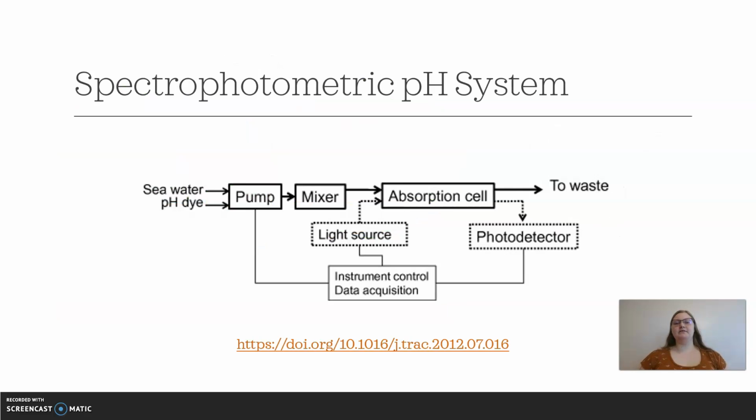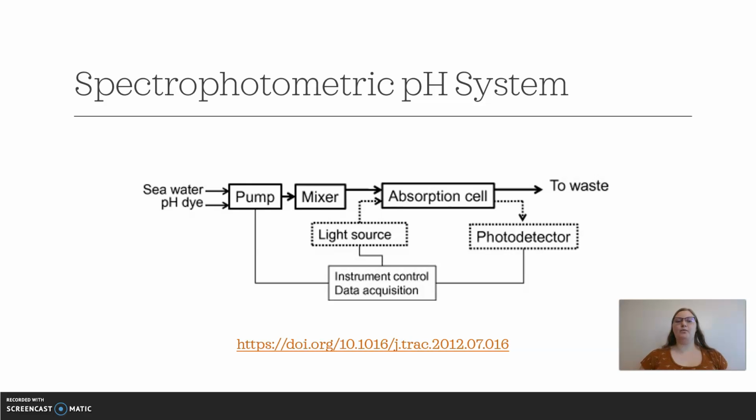From here, we'll talk about the spectrophotometric pH system. And the spectrophotometric pH system is a system by which we can find the pH relatively quickly and relatively cheaply.